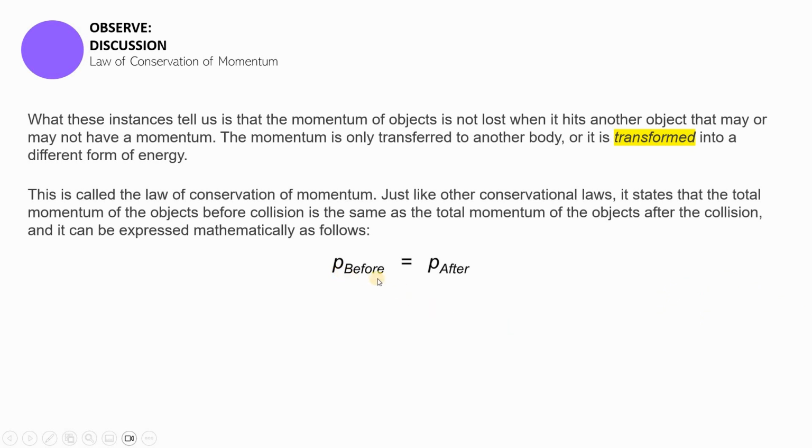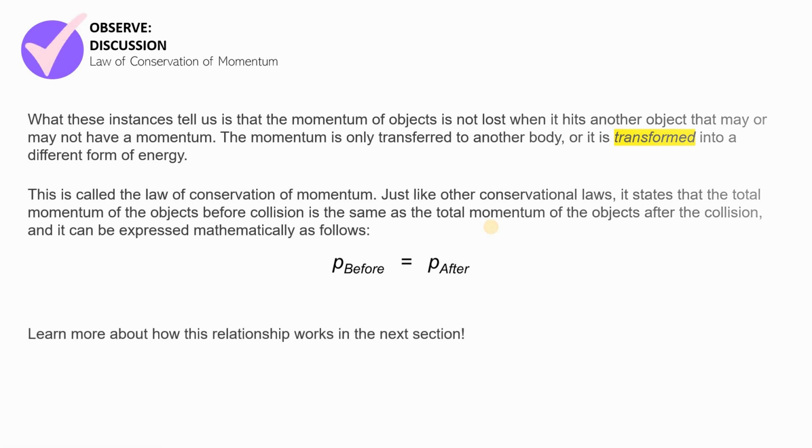So, the momentum before is equal to the momentum after. Alright? So, the amount of momentum na mayroon ang system nung una will surely be the same as the amount of momentum after ng collision.